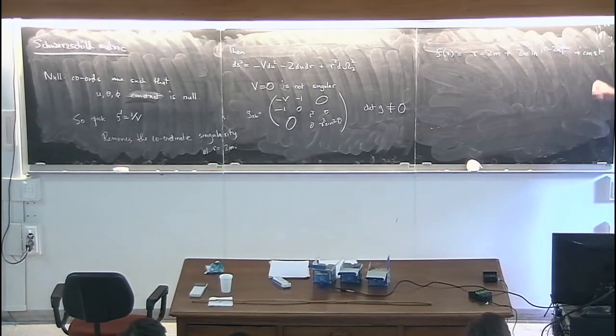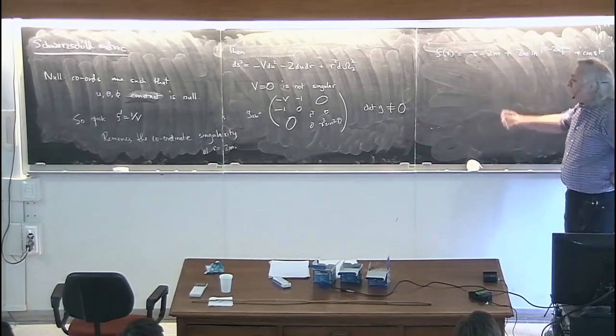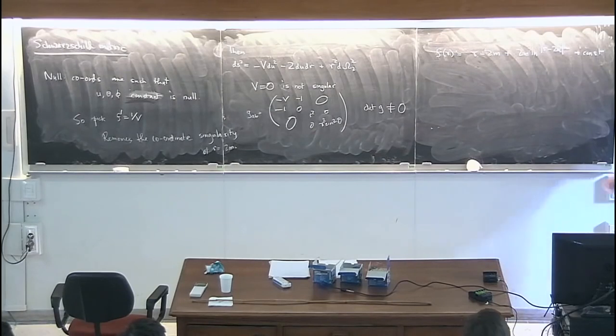Writing an arbitrary constant here is fine, but it's not conventionally what you do. Typically you think of r as having dimensions of length and m as having dimensions of length. Remember that G is equal to 1, so that makes m have dimensions of length. And here you've got an r minus 2m, which is dimensionful but sitting inside a logarithm.